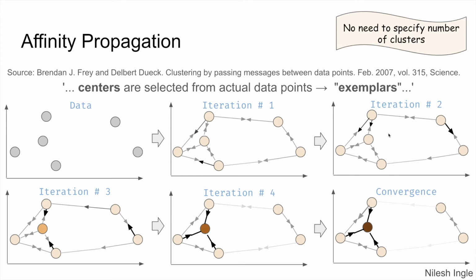That is suggesting that as the iterations proceed, one of the data points is moving towards becoming an exemplar. So in this case, this particular data point, which is dark orange, becomes an exemplar and forms a cluster of these 3 points after converging.